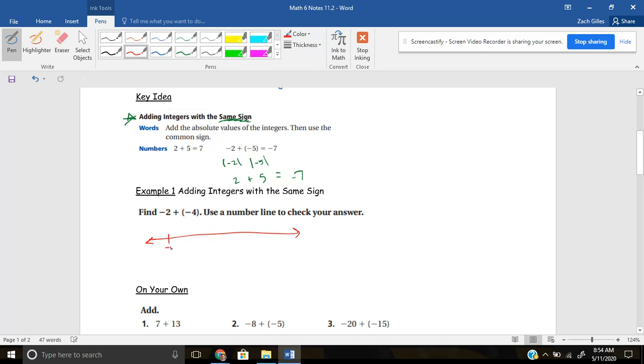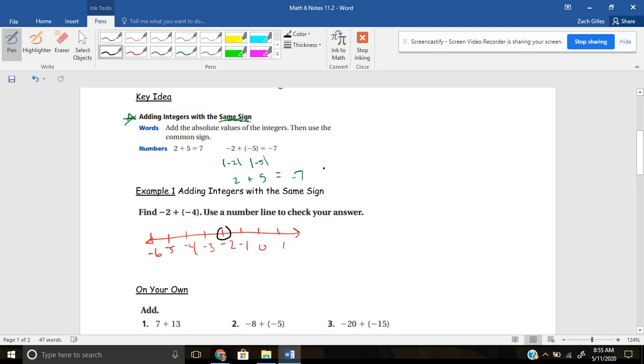I need negative 5, negative 4, negative 3, negative 2, negative 1, 0, 1, negative 6, and I can make that bigger if I needed to. What I'm going to do is start at 0 and go to my first number, which is at negative 2.